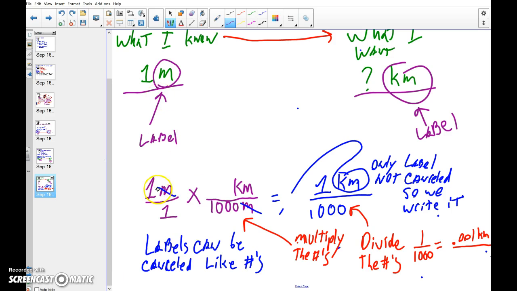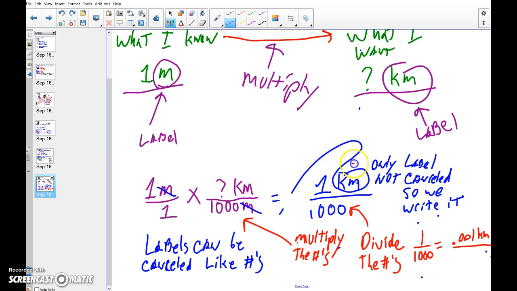So I take my 1 meter, and I put it over 1, because calculating with fractions is really much easier than decimals. And then I'm going to multiply, because this line right here, when I'm trying to convert from one thing to another, it clues me in that I should be multiplying. So 1 meter times some number of kilometers I don't know, divided by 1.